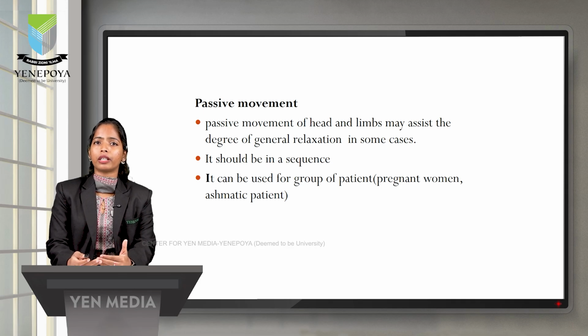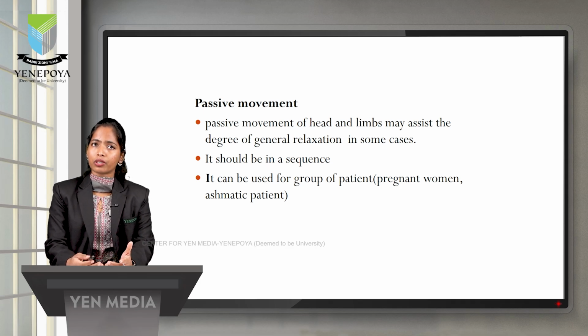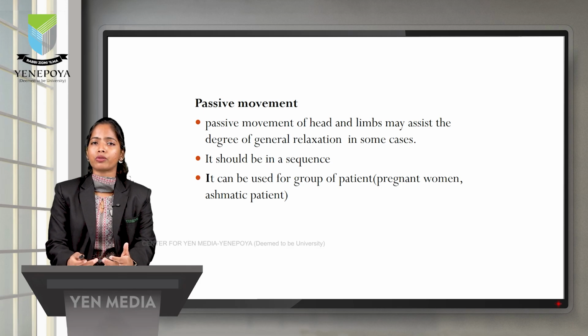First start with the shoulder joint, then go to the elbow, then the fingers. Even for the lower limb, like hip to knee movements, then knee flexion and extension, then ankle dorsiflexion and plantar flexion. It will also help in relaxation of that particular part of the body.